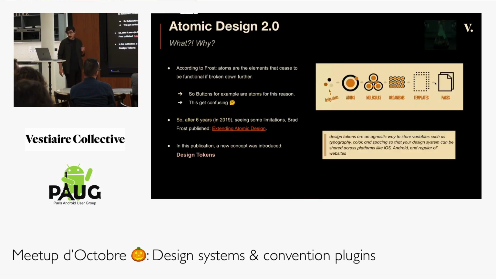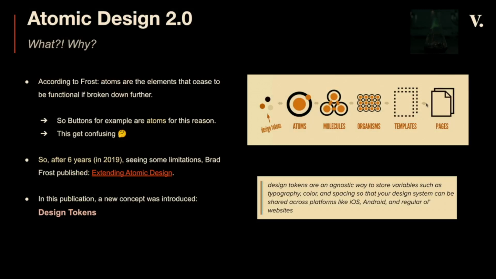Atomic design wasn't a frozen concept. Frost describes atoms as elements that cease to be functional when broken down further. So he classified buttons, for example, as atoms for this reason. But here is where the confusion starts. What is an atom or not? A button, is it an atom?